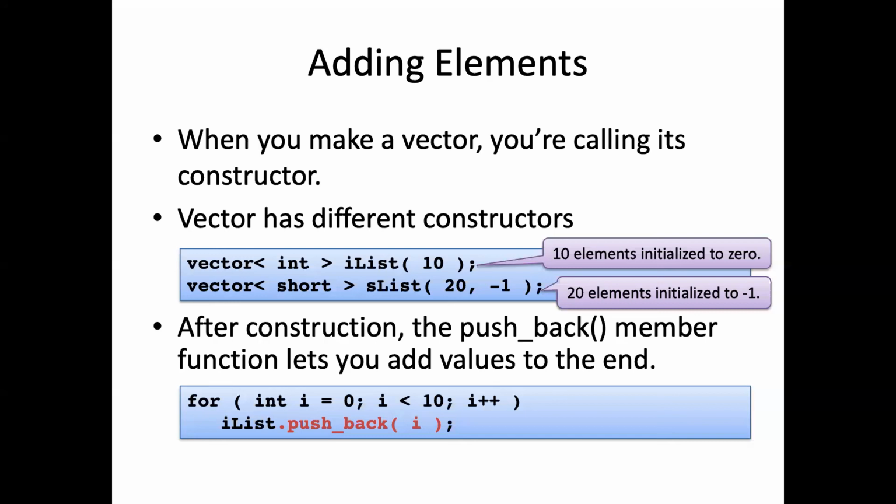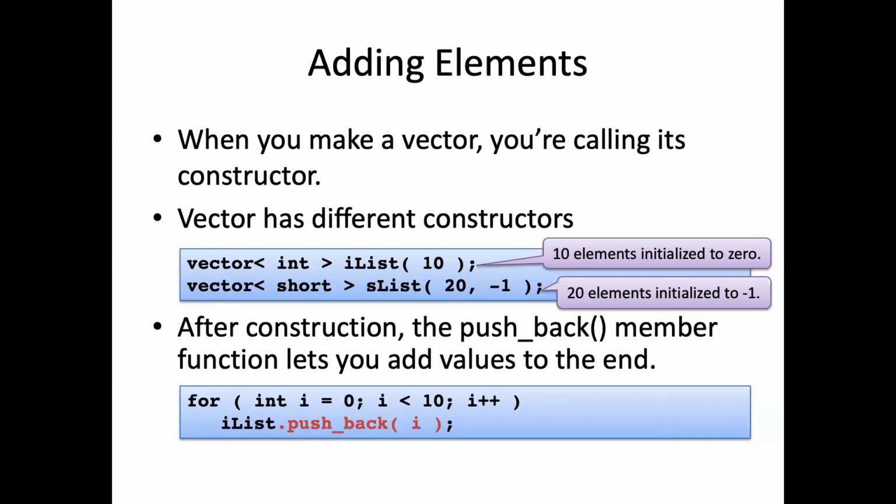Even for primitive types, C++ pretends they have a default way of constructing themselves, and it just initializes them with 0. So that's what it treats as their default constructor. So in that top example, that makes a vector of ints, an integer list with 10 elements, all of them initialized to 0, even though you didn't say you wanted them initialized to 0.